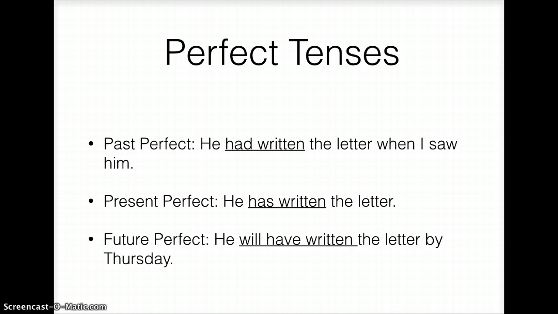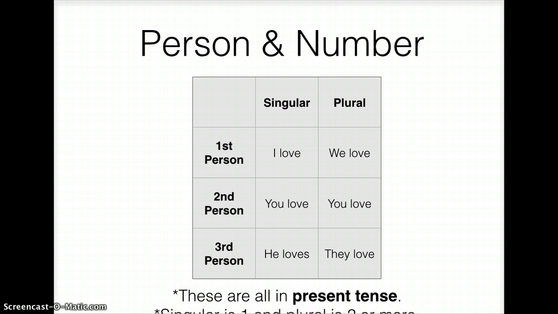So when we have past perfect, he had written the letter when I saw him. Future perfect, he will have written the letter by Thursday. So you have that very specific detail after those past perfect verbs. Don't worry too much about those today. Just make sure you have those definitions written down, and those will be gone over in detail in the next video as well.